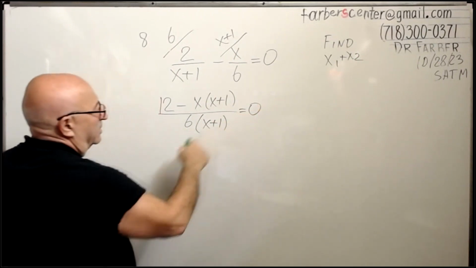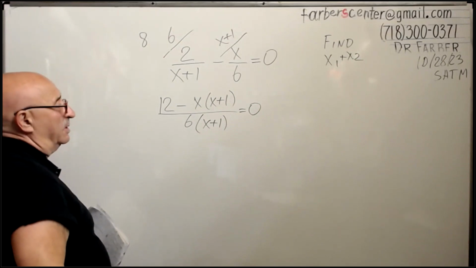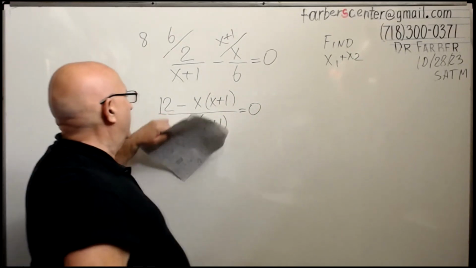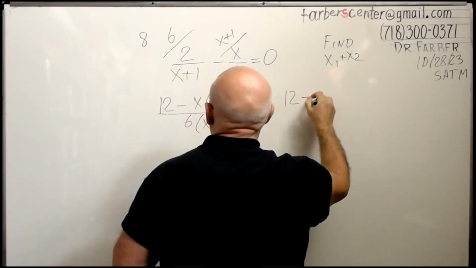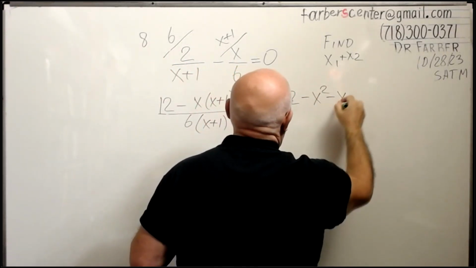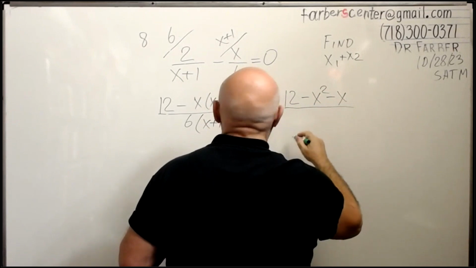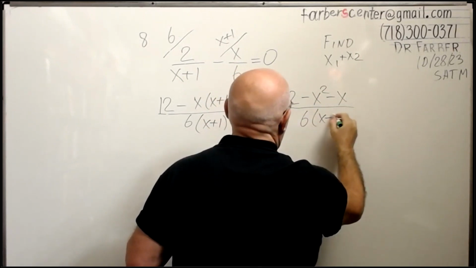You have to make restrictions. x never equals negative 1. After that, apply distributive. It would be 12 minus x squared minus x, over 6 times x plus 1.